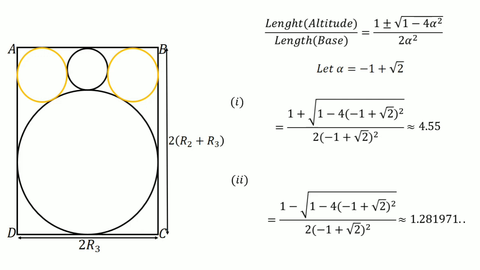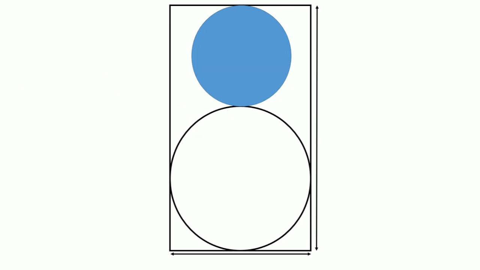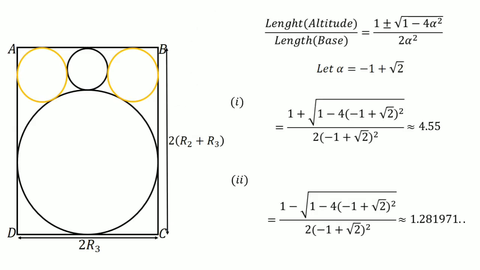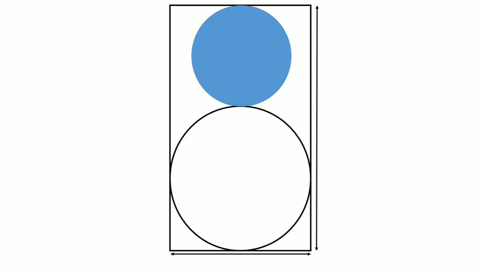So now looking at the first case, the ratio is 4.55, and suppose we make a rectangle and the base is 1, then by our ratio the length is 4.55, and if we inscribe a smaller circle at the bottom of the rectangle, and by our figure we inscribe another circle at the topmost part of the bigger circle, then we don't have enough space to inscribe two yellow circles of the same radius which are tangent to this blue circle and also this bigger circle at the bottom of the rectangle.